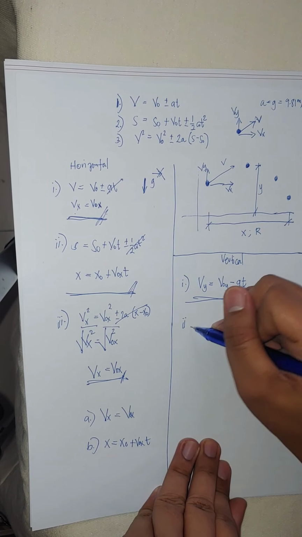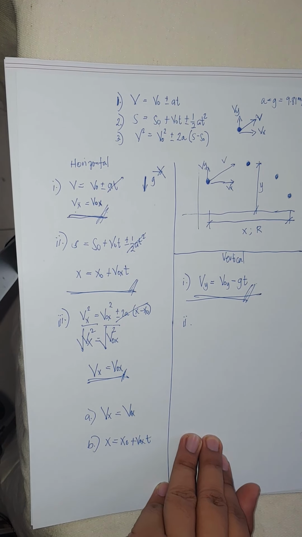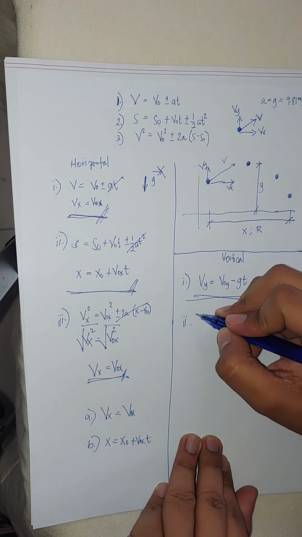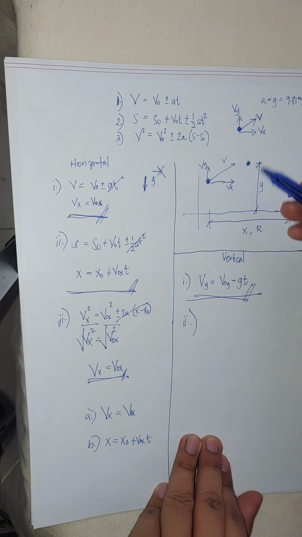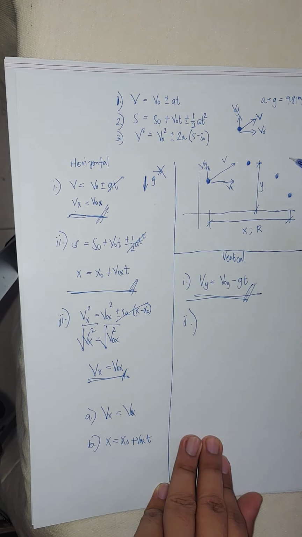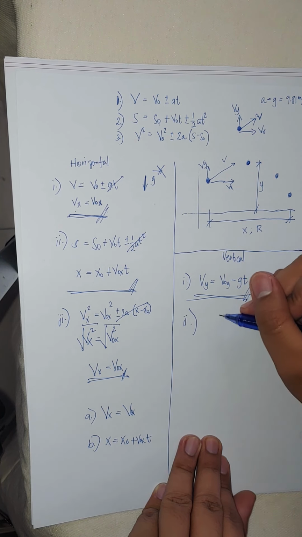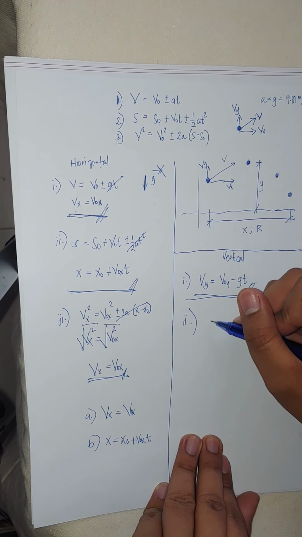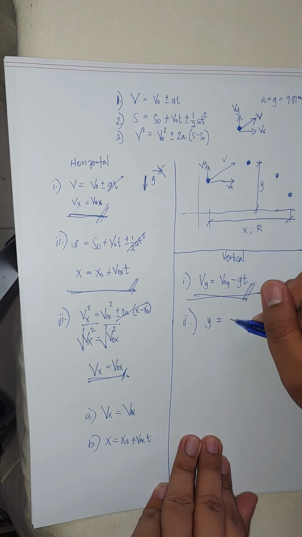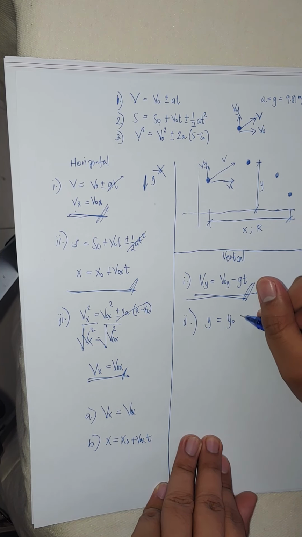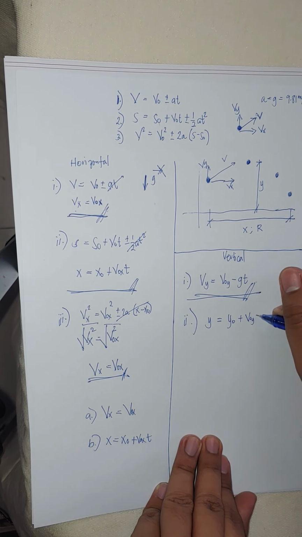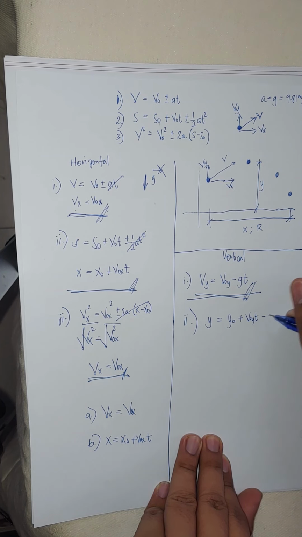For the vertical component, in the horizontal we use x, so in the vertical we use y. So this constant acceleration equation becomes y is equal to y naught plus Voy times time minus 1/2 g t squared.